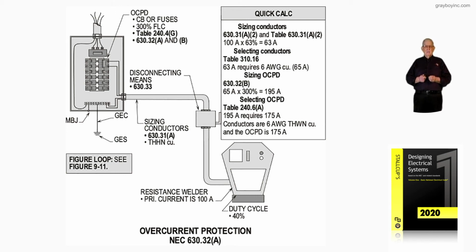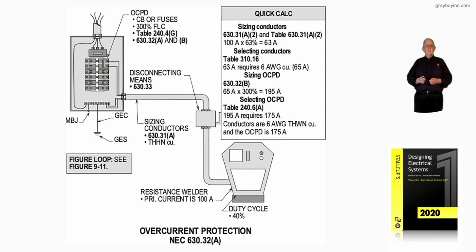Depending on the type of welder, you can take 40%, take the square root of it, and you come up with your percentage, like 63%. If you take the square root of 40%, you come up with the 63% multiplier you see in sizing the conductor. Doing the math, 63% of 100, we come up with 63 amps.